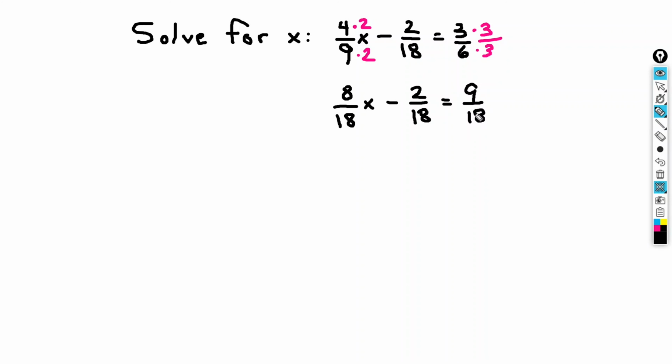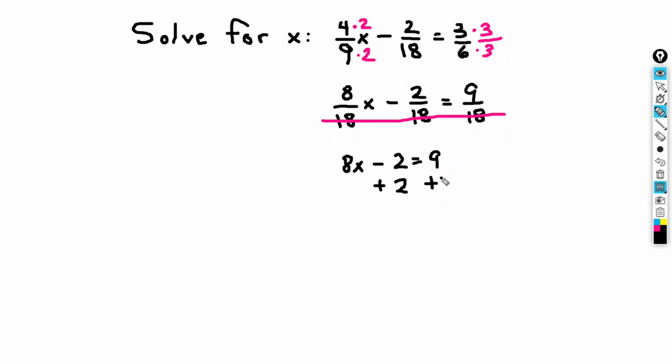Okay, so one thing, if I multiply the left-hand side by 18 and the right-hand side by 18, those denominators of 18 would go away. So what I'm going to do is just cross them off because I'm going to do that. So my new equation becomes 8x minus 2 equals 9. From here, I can add 2 to both sides of the equation.